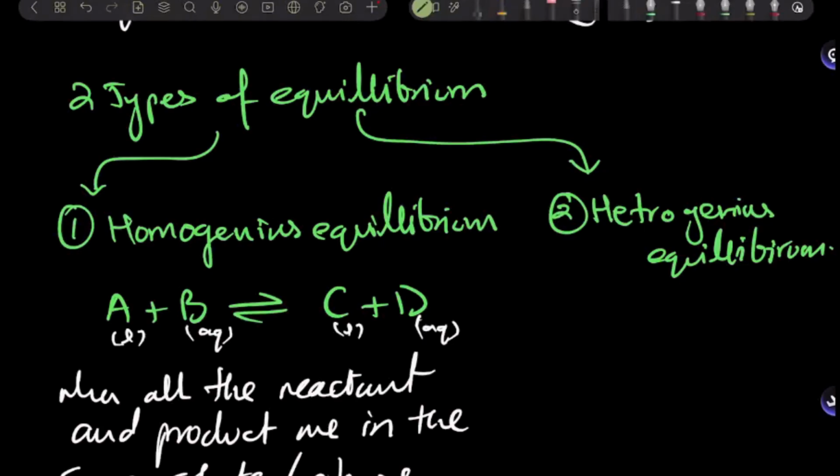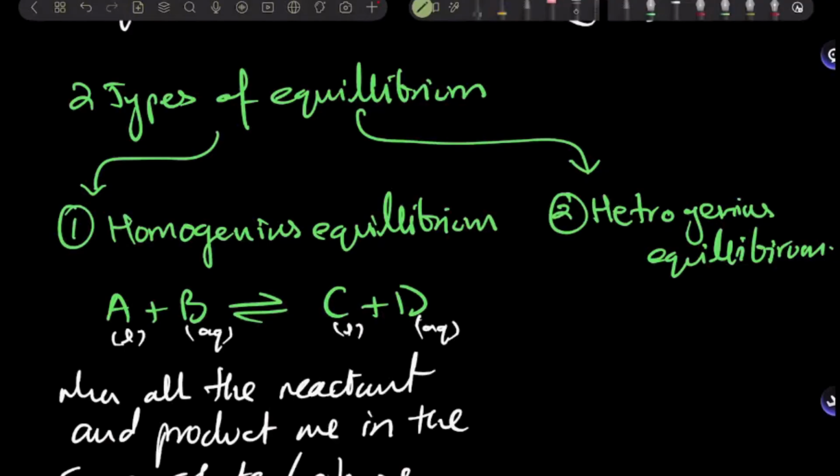It's happening inside a liquid, right? So aqueous is a phase. It's basically being dissolved in water, right? So liquid and aqueous is the same phase. They're not the same state, but they're the same phase.